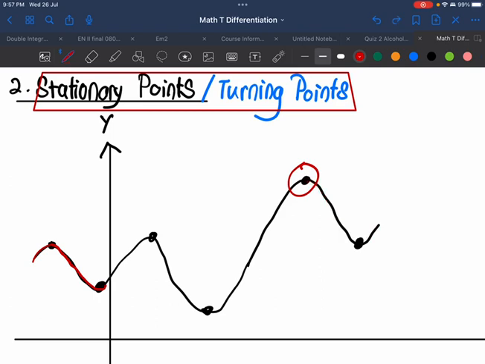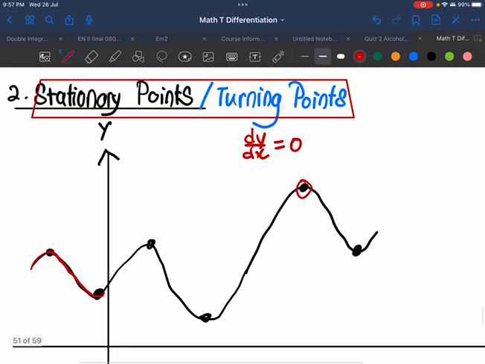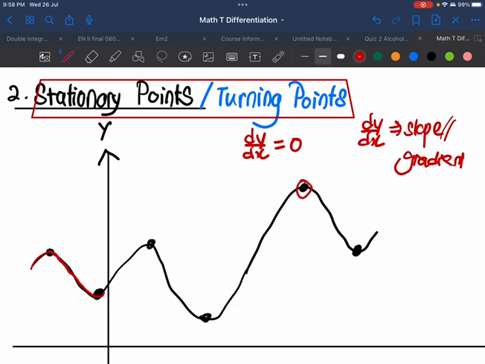So the turning point or stationary point is when dy/dx is equivalent to 0. So why is dy/dx equal to 0? We know that dy/dx represents the slope or gradient, meaning how sloped my line is going here or here.